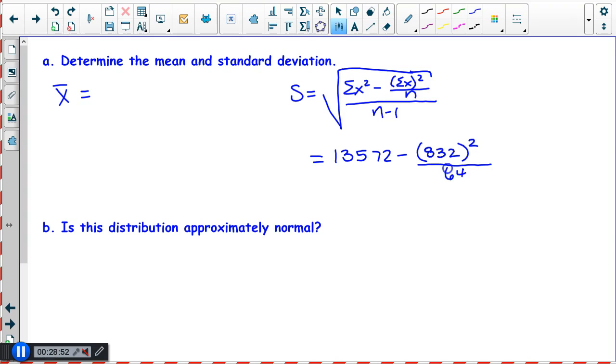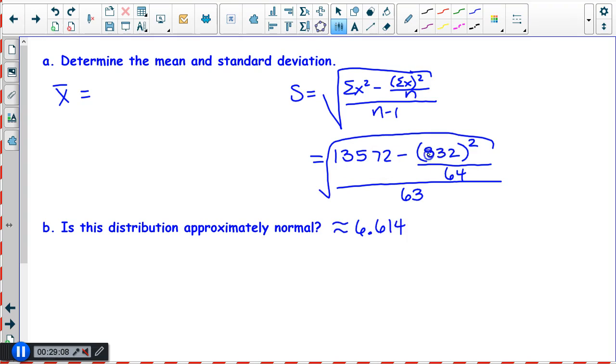I got 816. You missed the 16. And then what happens when you square root? You get a number. Really, y'all? You get 6.614? When you use these values, that's what you got. Right. But did you use those values, or did you just type in your calculator?